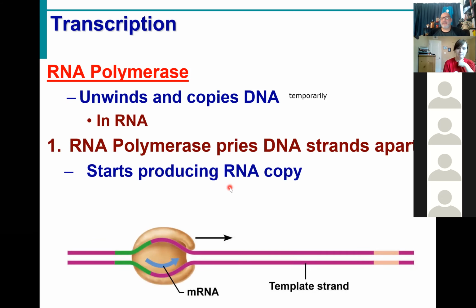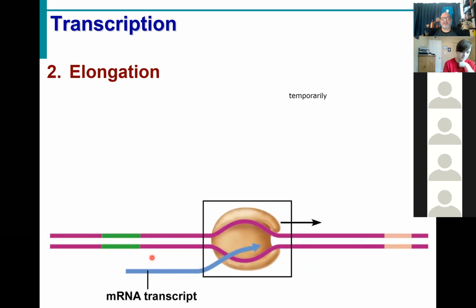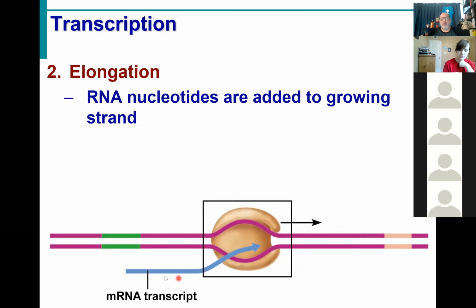using RNA. Now, this is a really simplistic illustration. I do really like the picture in your textbook of this process of elongation, right? Our RNA nucleotides are being added. Notice as it goes, the DNA comes back together. It coils back together. It is unchanged by this process.